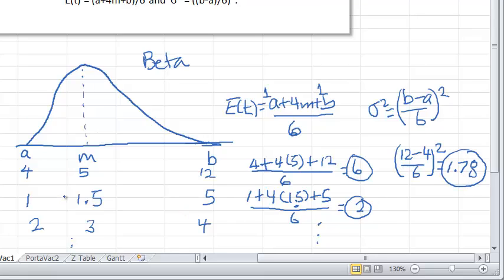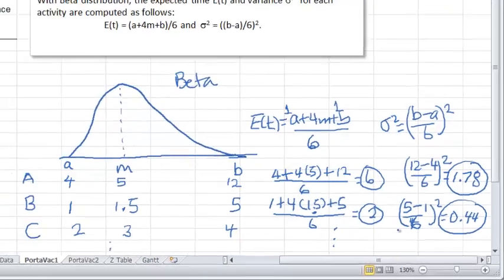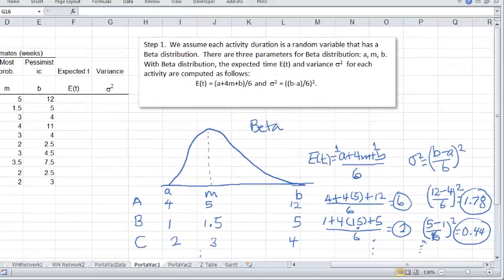Just so, one more for B, we would say 5 minus 1 and then 6 and square that. So that's 4 over 6, and then squaring the 4 over 6 gives us 0.44. Okay, and so forth and so on.